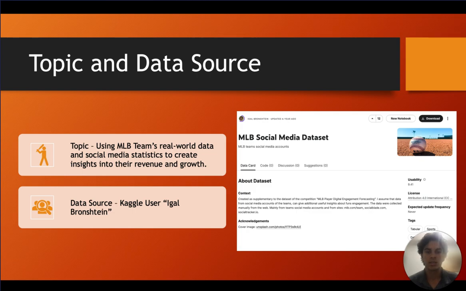Came with social media statistics for each MLB franchise, from Pinterest to TikTok to YouTube to Twitter to Instagram and to Facebook. I specifically determined that focusing on Instagram, Facebook, and Twitter were the three most important social media platforms for my project.